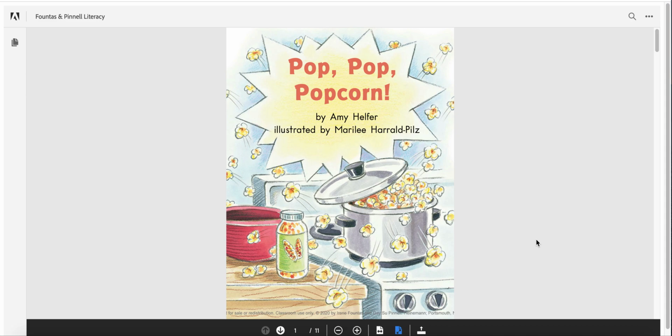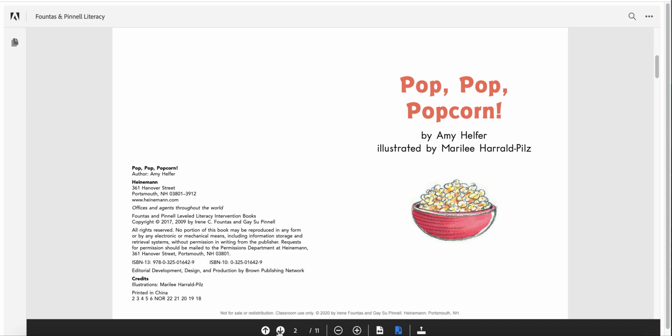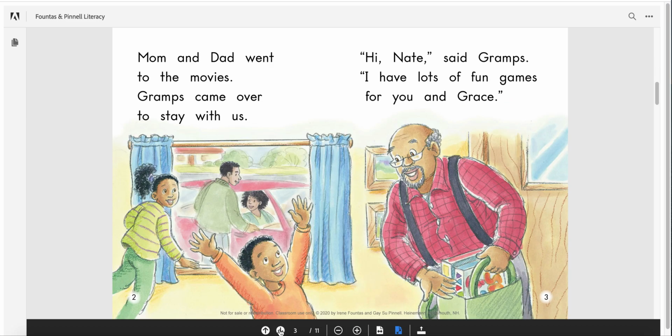So in this story, we get to see what happens on their journey of making popcorn. So I'm going to go ahead and show you the pages. You go ahead and read. As you're reading, carefully look at the vowel combinations and also the endings of words so you can read them accurately. All right, pop, pop, popcorn.